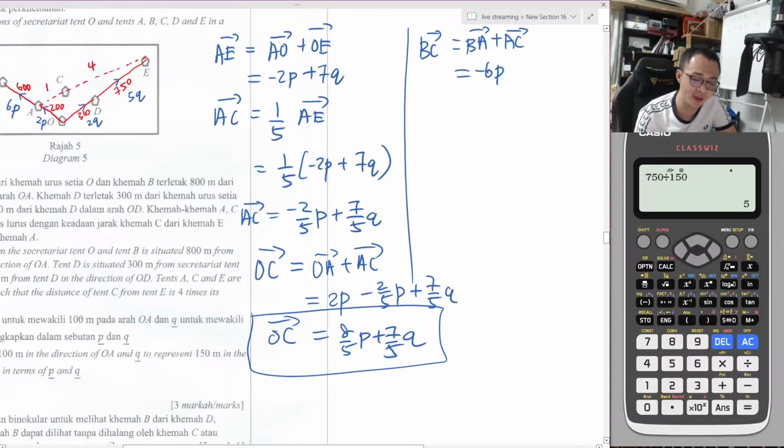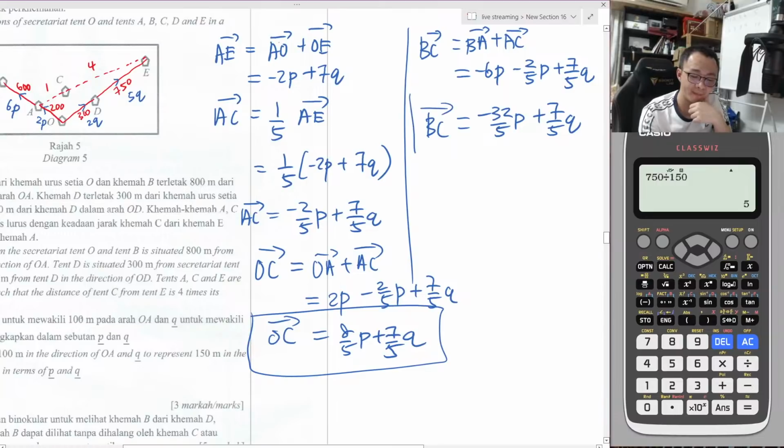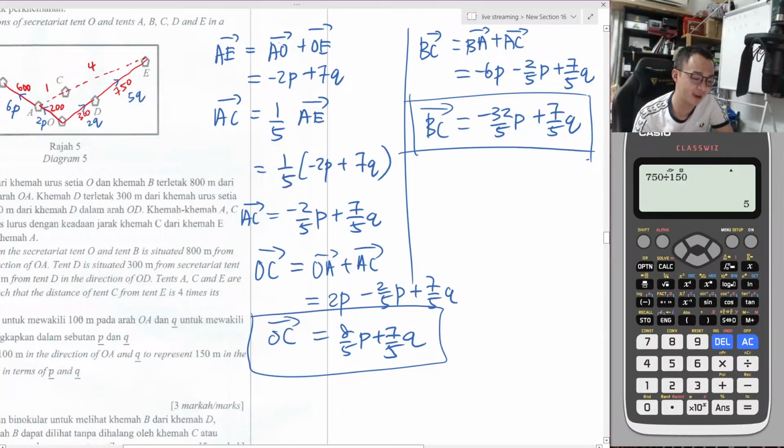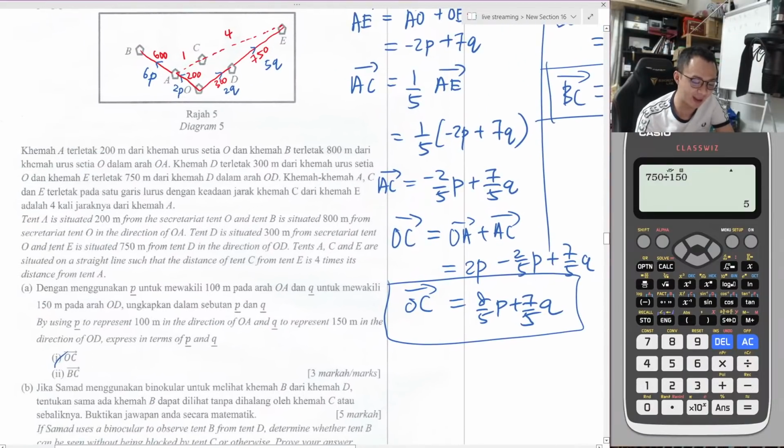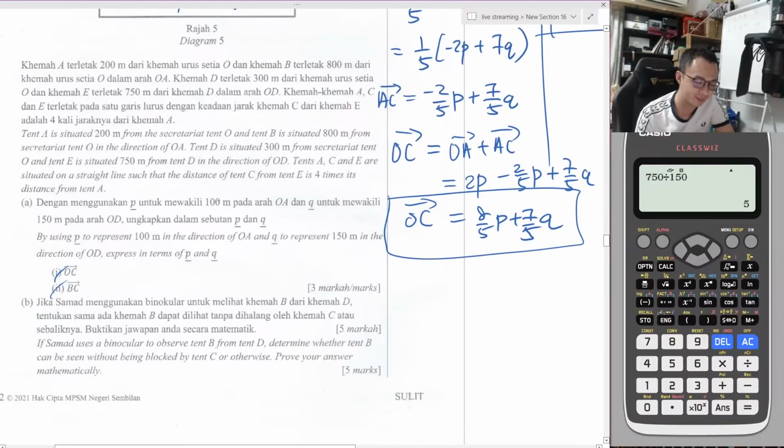A to C will be negative 2 over 5 P plus 7 over 5 Q. So this one will be negative 32 over 5 P plus 7 over 5 Q. Done. This is the BC. Okay, so you just do step by step. Then we should be able to do it. Okay, 3 marks. This 3 marks a lot of work.